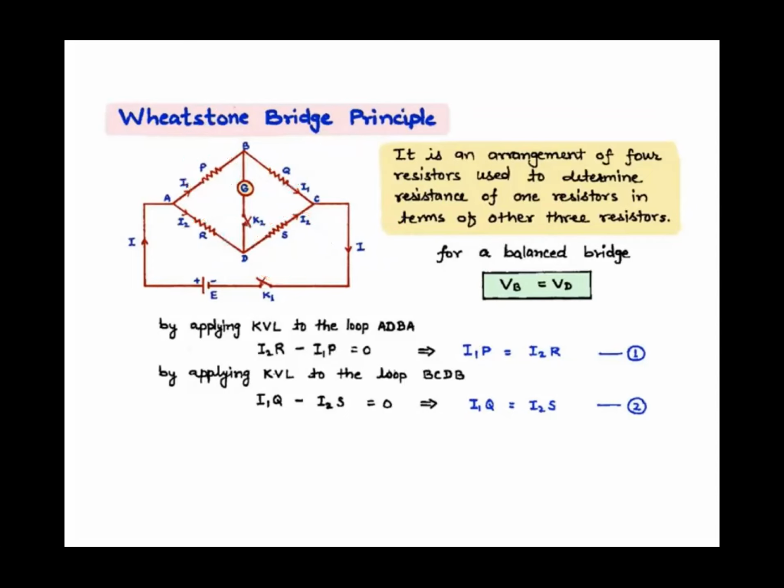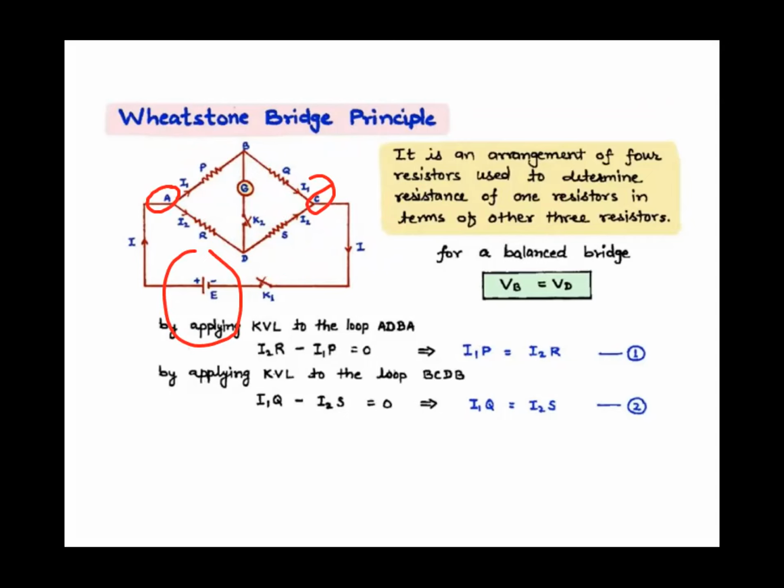So this is a quadrilateral ABCD, and P, Q, R, S are forming its arms. They are connected to a battery of EMF E between points A and C.